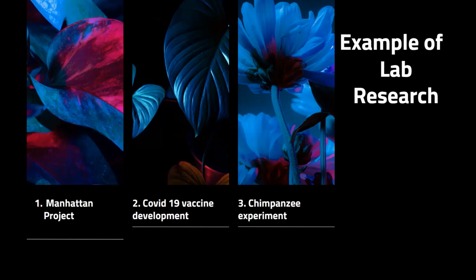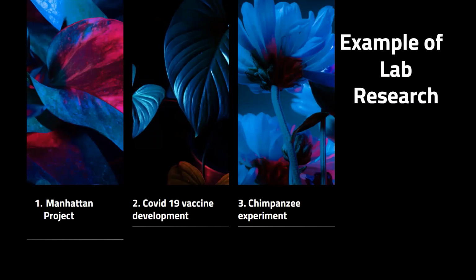The second example is, of course, quite recent: the COVID-19 vaccine development, which was developed in the lab, in artificial environments, by various companies such as AstraZeneca, Moderna, and so on.